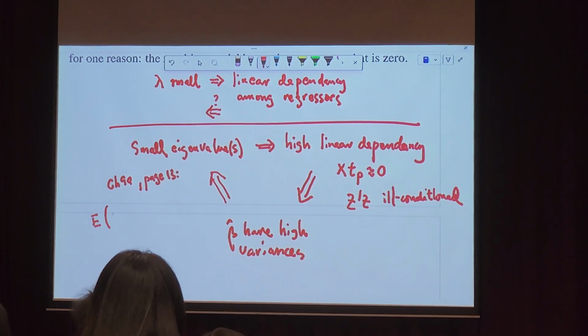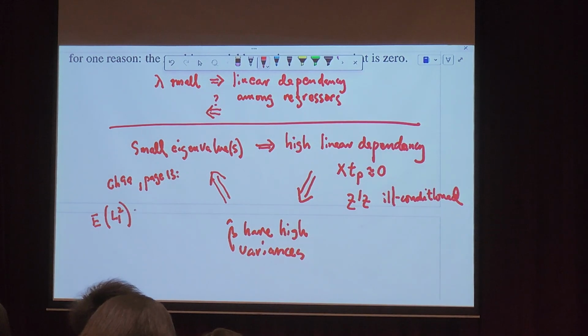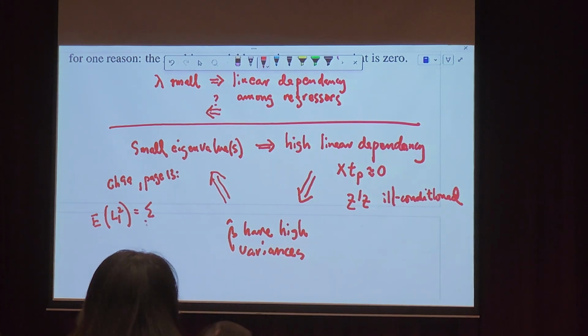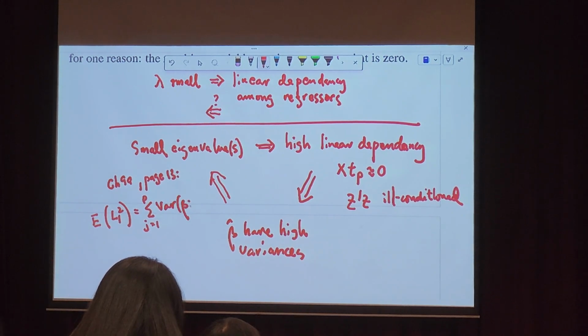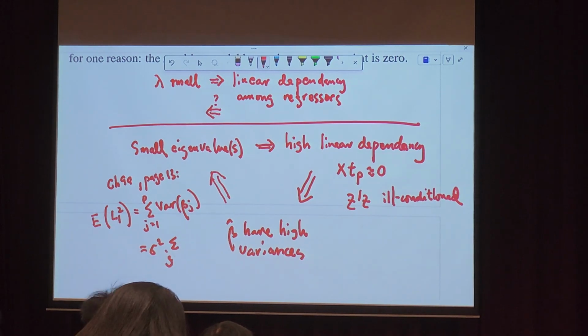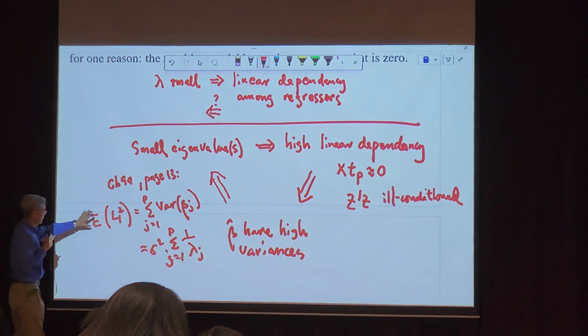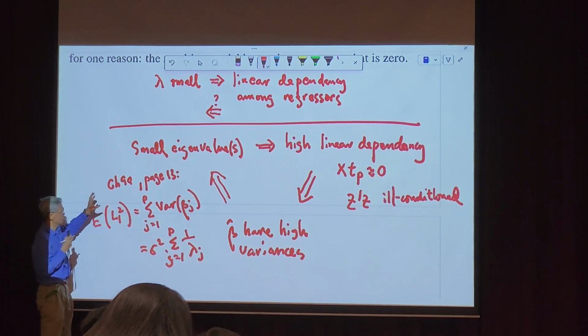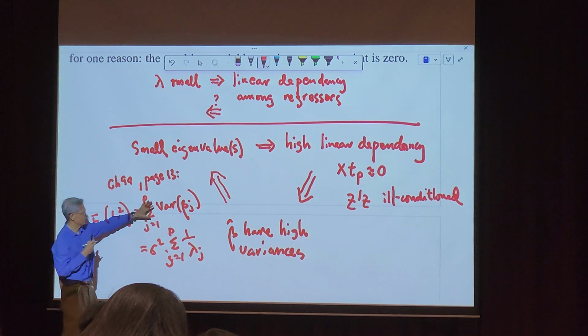The expected value of the squared distance between beta hat and beta can be shown to be the sum of the variances of beta j, which is sigma squared times the summation from j equals 1 to p of 1 over lambda j. So we show that the expectation of the squared distance between beta hat and beta is actually this.